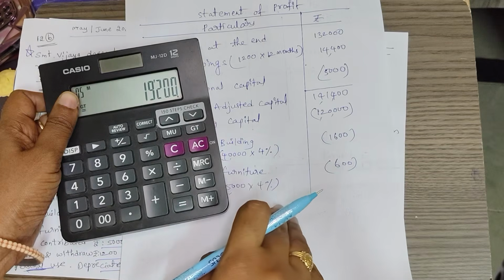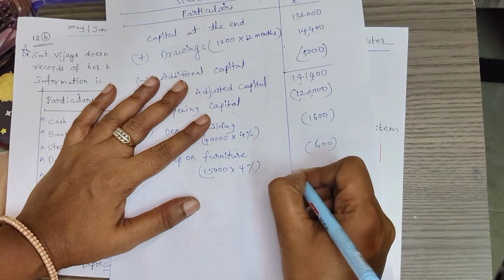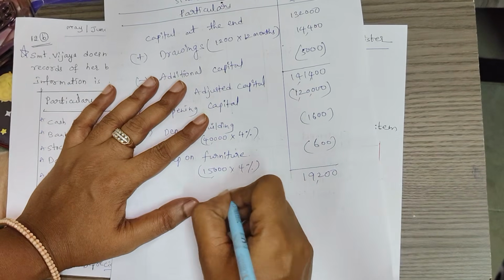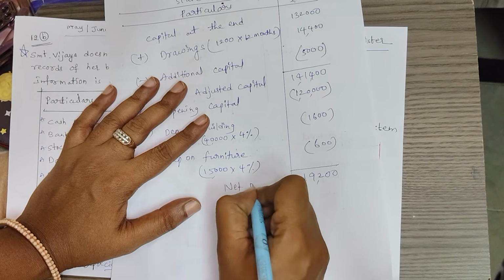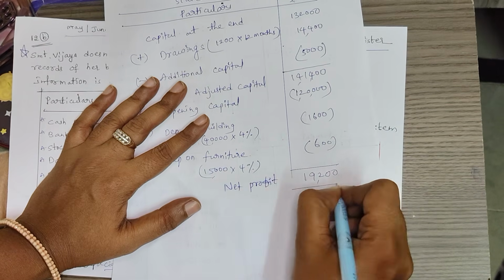So what is the amount? 19,200. So 19,200 is a positive value or negative value? Positive value only. So if it is positive value, that will be called as net profit. If it is negative value, that is net loss. So our answer is net profit only.